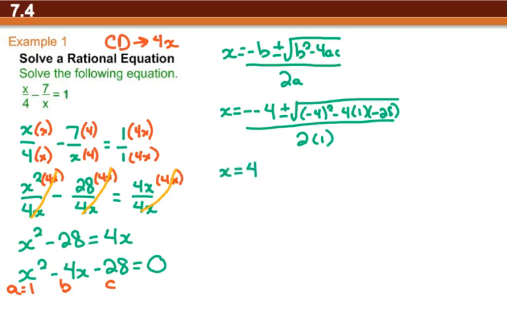Working this out, we do get 4 plus or minus the square root of 16 plus 112, because negative 4 times 1 times negative 28 is positive 112. Divide that by 2.